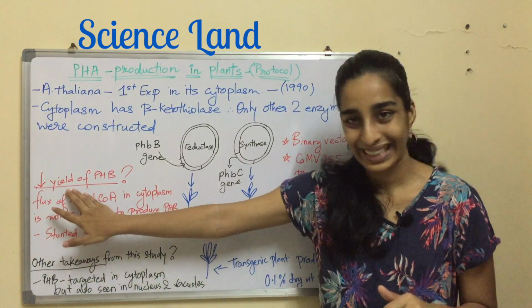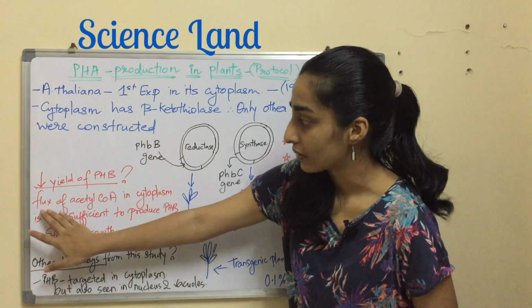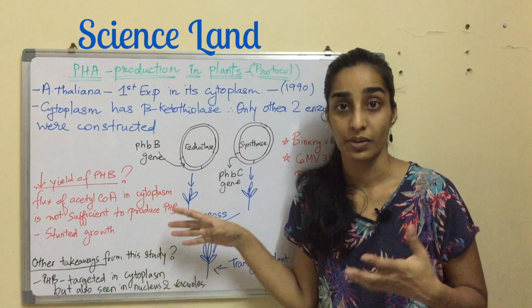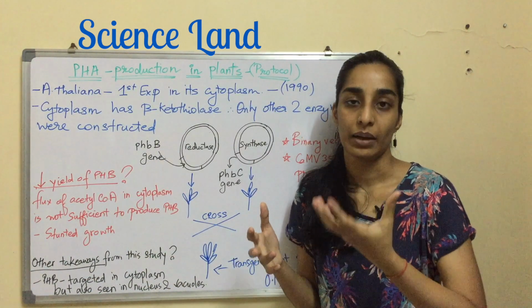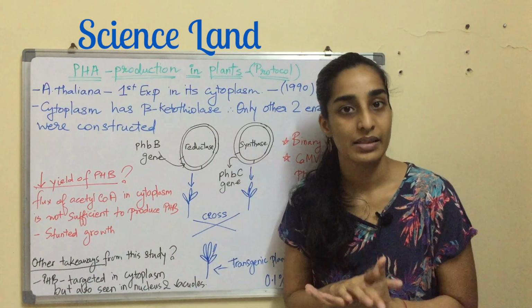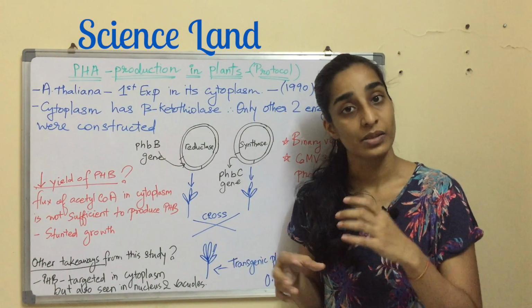So, this low yield of PHB is due to certain reasons. What is the reason? The flux of the acetyl coenzyme A in the cytoplasm is not sufficient to produce PHB. So, acetyl coenzyme A is like a primary substrate to produce PHB molecule. It is there in the cytoplasm. But the amount it is present, it is very less.